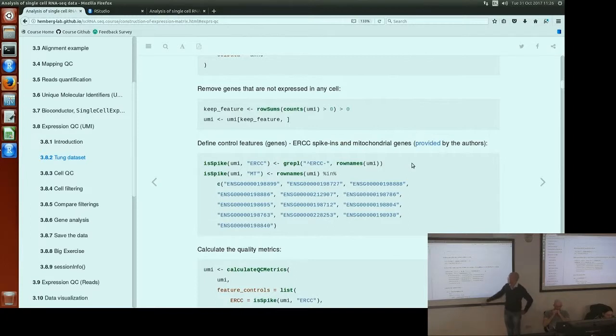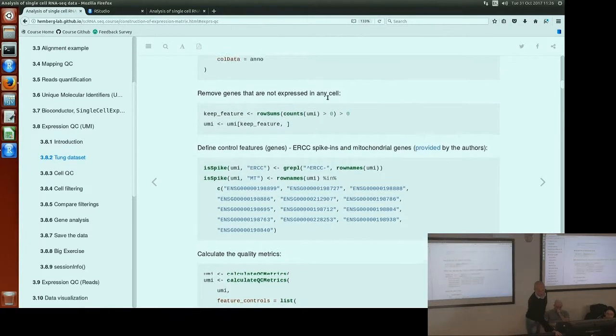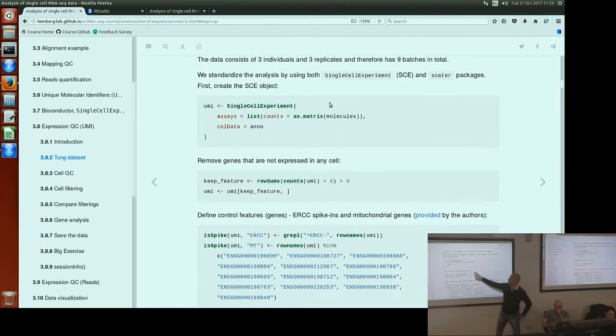So the question is, we're using UMI as the first step for the genes which has been expressed. So UMI here is a single cell experiment object, which contains our expression matrix in the counts assay slot of the object.